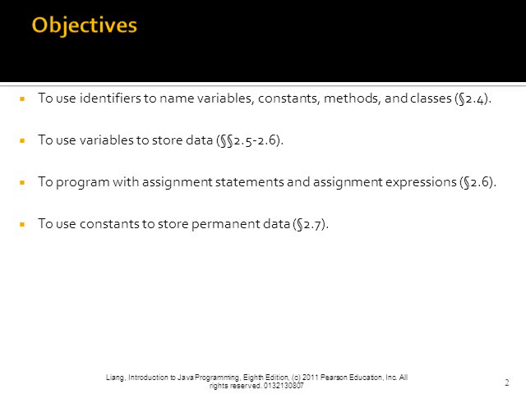Look at some assignment statements. An assignment statement is used to provide a value to a variable. And then we'll look at a new topic, constants. Constants are like variables, but their value remains the same throughout the program.